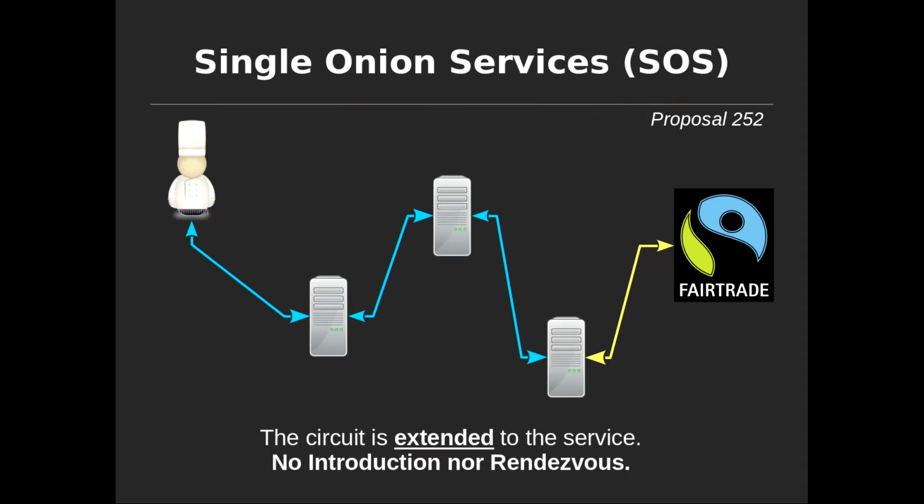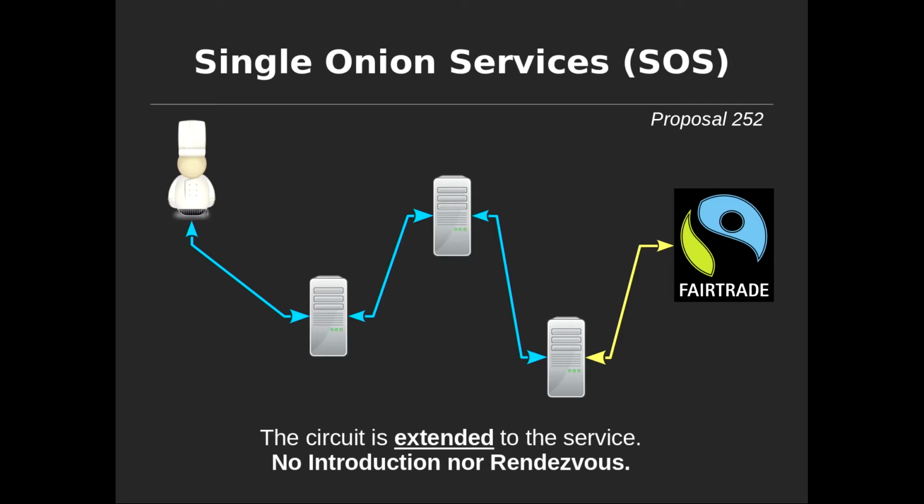Now, the second one is the single onion service. It's roughly the same. So we have this chef here wanting to go to his third trade website, or whatever. And the difference here is that we are going to skip completely the introduction and rendezvous dance.